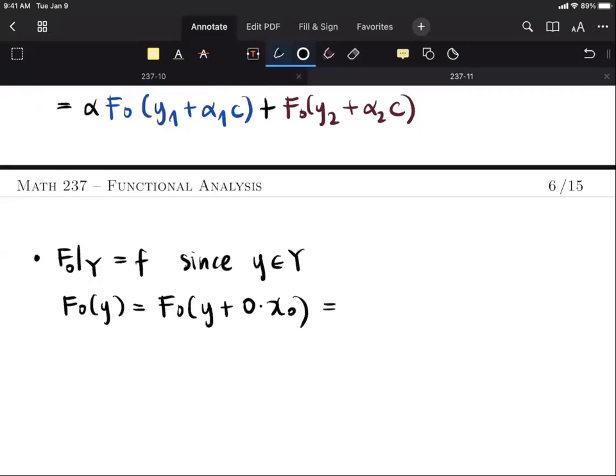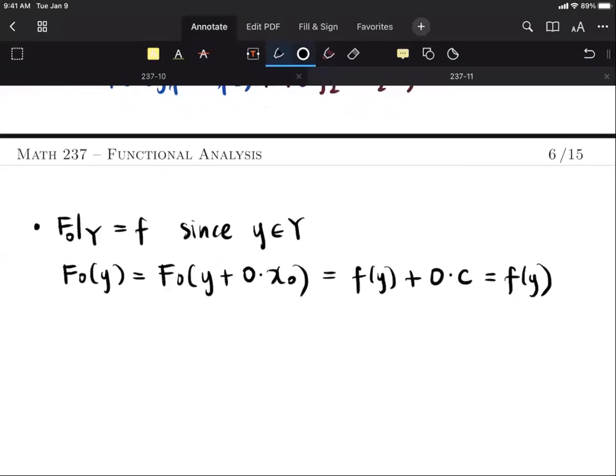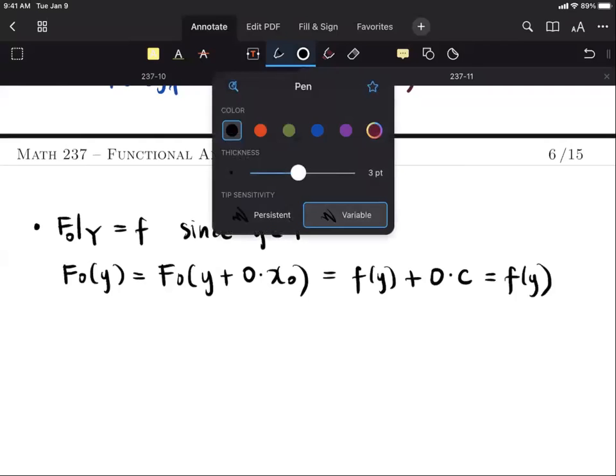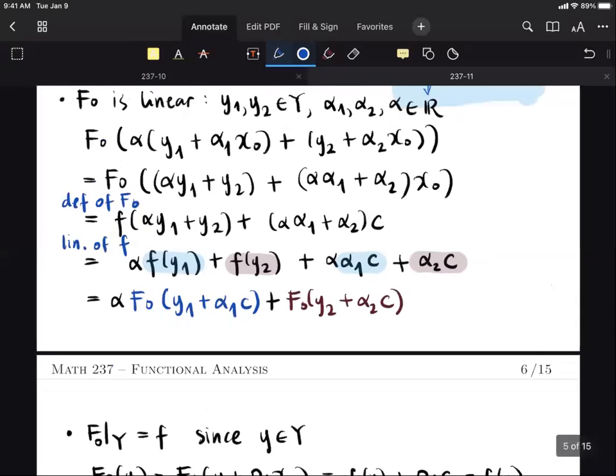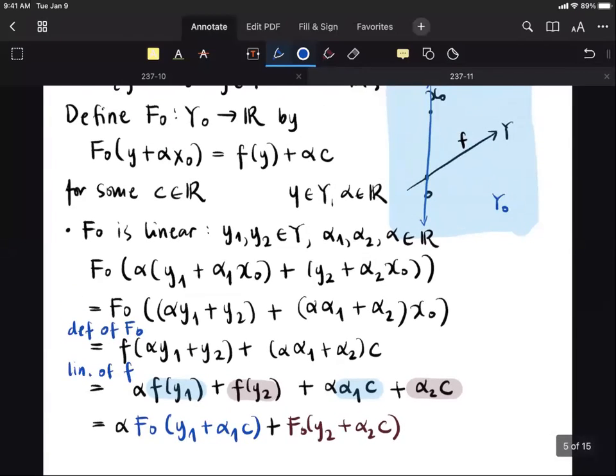And by definition, this is f of y plus 0 times c, which is equal to f of y. So therefore, f naught and f are the same on Y. In other words, restricting f naught to Y gives you the function f, small f. Now the constant c here is still arbitrary.